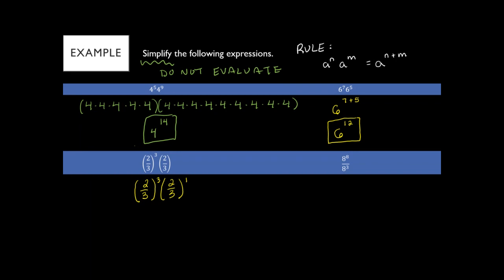If you have anything without an exponent, you can give it an exponent of 1. So we can use the same rule here where you add the exponents. And this is equal to 2/3 to the 4th. We're basically adding an extra 2/3 multiplied to the existing 3. So now we have 4 of them multiplied together.